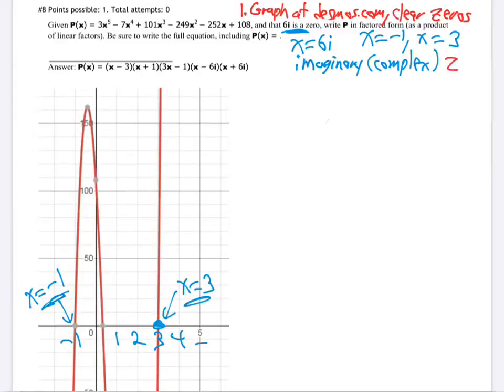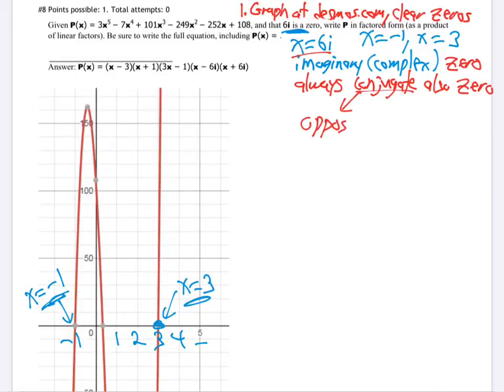If you have an imaginary, complex 0, like we have right there, always the conjugate is also a 0. Now, what do I mean by conjugate? Opposite sign in the middle, on the imaginary part.